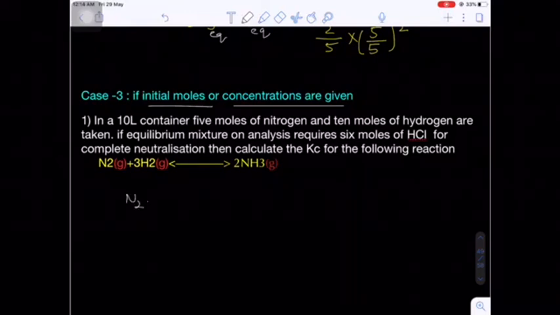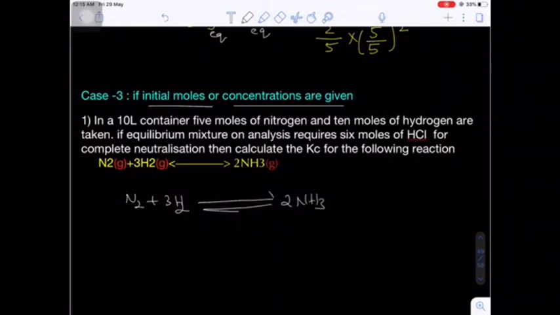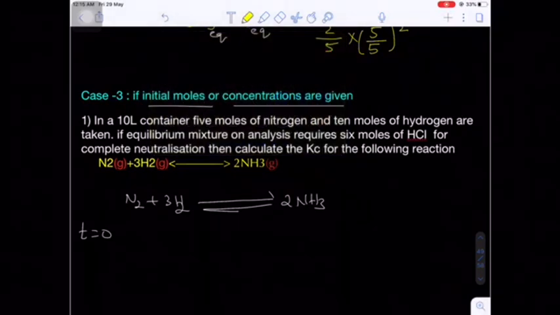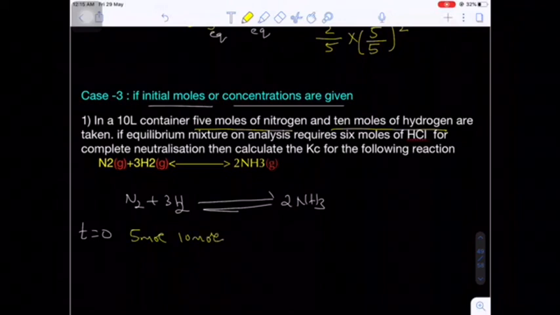Now we have nitrogen combining with hydrogen, in equilibrium, to form ammonia. This is the chemical reaction. Initially, the question gives 5 moles of nitrogen and 10 moles of hydrogen, so I am writing 5 moles here and 10 moles here.